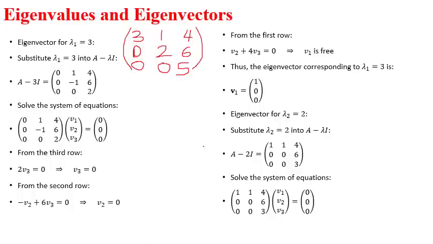So all right then. Now this is what it transforms to. We can then solve the system of equations using the characteristic equation for solving eigenvectors. So we have it in this form.